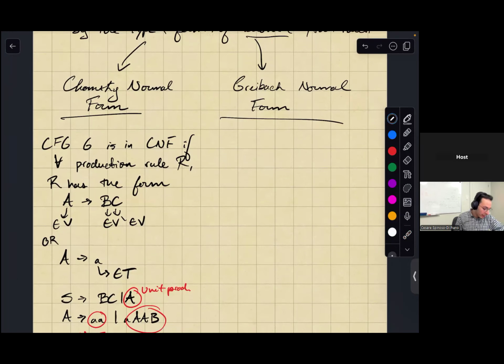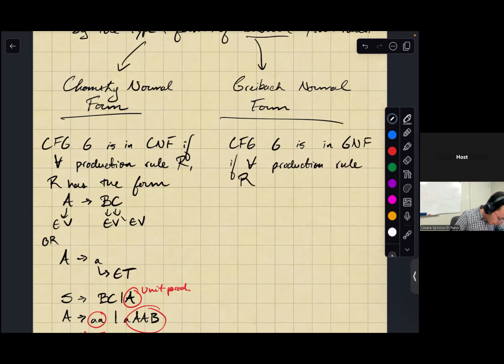So Greibach normal form is a slightly different type of normal form where we say that a context-free grammar is in GNF if every production rule R has the form A goes to a X. So of course, a single variable on the left-hand side, and then a terminal being the leftmost part after the arrow.